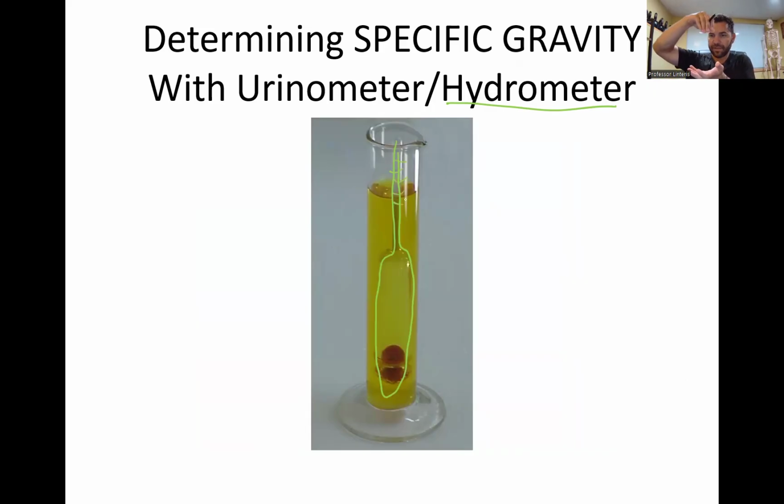And it floats, and you can get a reading for how much solute is in the urine. Again, lower specific gravity, closer to 1.001, better. High specific gravity means for some reason there's more stuff. The urine is more concentrated. Lots of solutes dissolved in there, maybe presence of proteins and things like that.